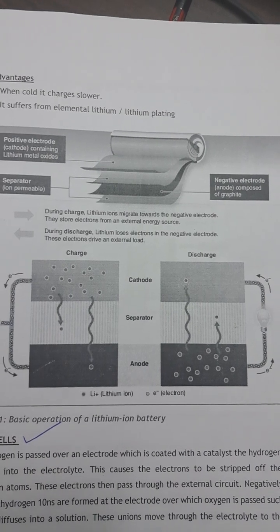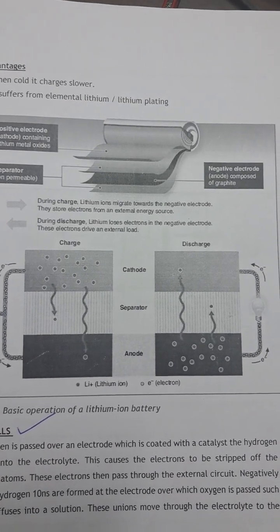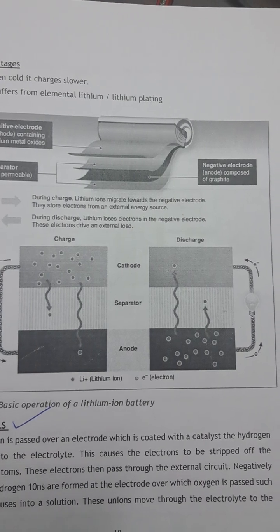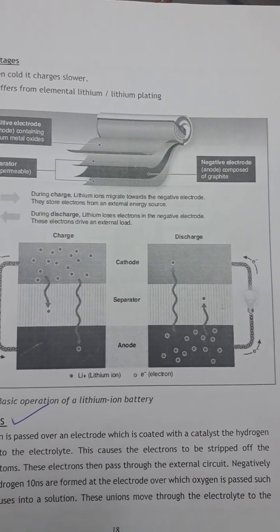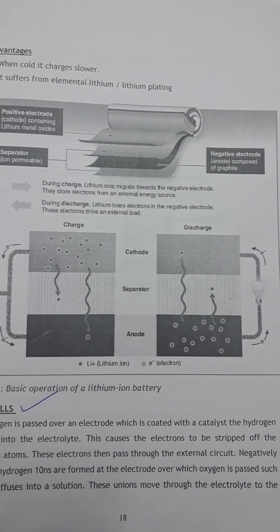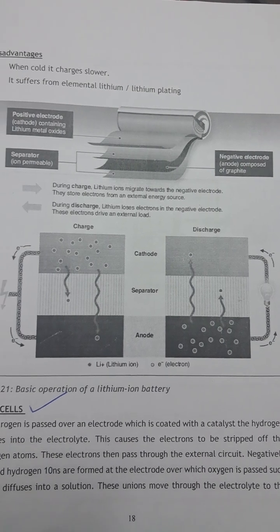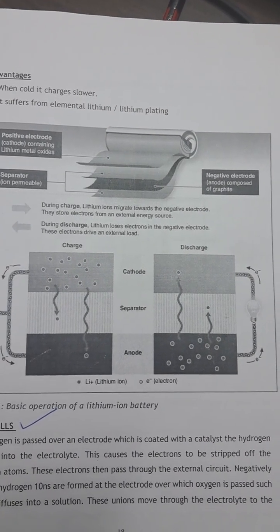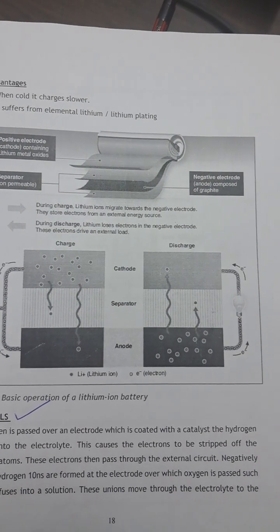The positive is made of lithium metal oxides. The negative is seen to be made of graphite, and we have a separator in between in order to prevent discharge of the cell internally and loss of charge.